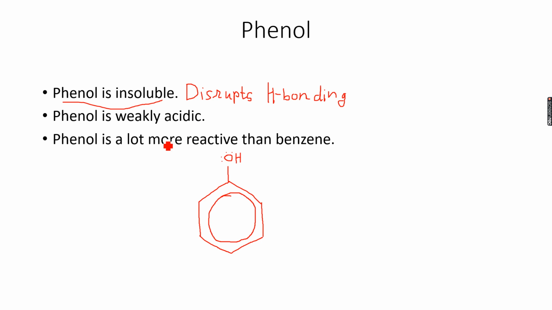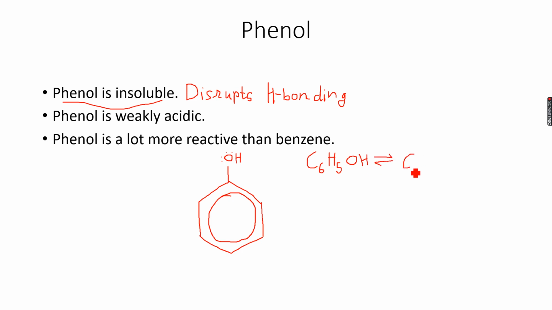Phenol is weakly acidic. So what happens is that if I write the structural formula of phenol, which is C6H5OH, this can form an acid.